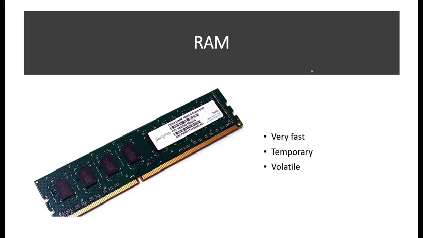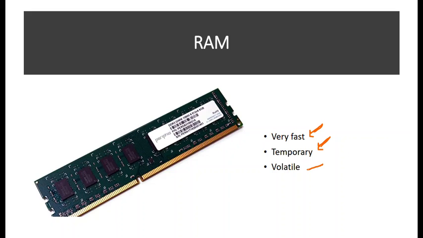Now here we can see the main characteristics of RAM. First, it's very fast. That's why it's connected directly to the CPU. It's temporary, meaning that once we close the application or the program utilizing that data on the RAM, then that specific data will be lost.